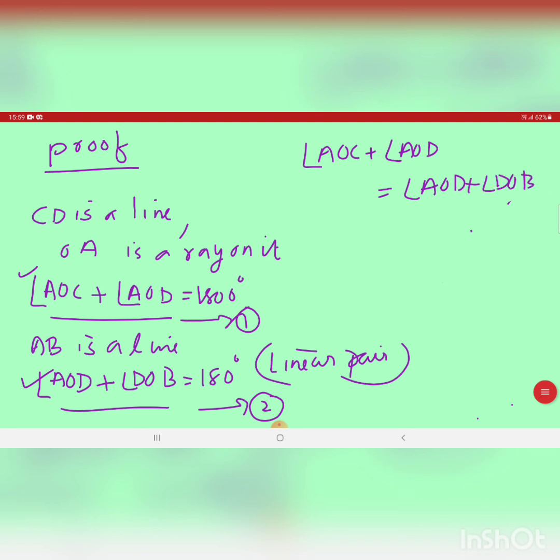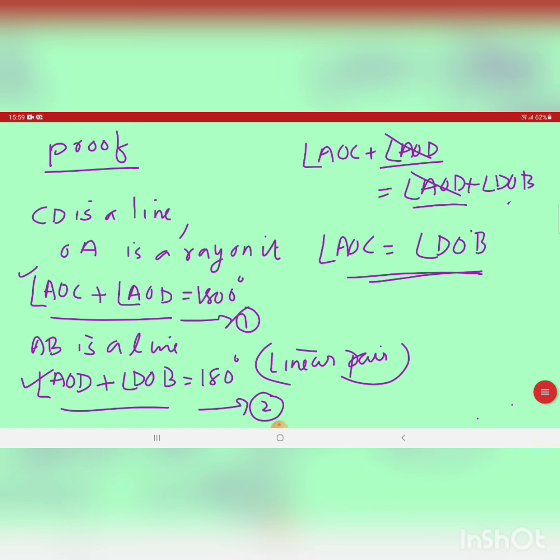Now see, AOD is the same on both sides, so we can cancel it. Now angle AOC is equal to angle DOB. Thus we got the first pair of vertically opposite angles are equal.